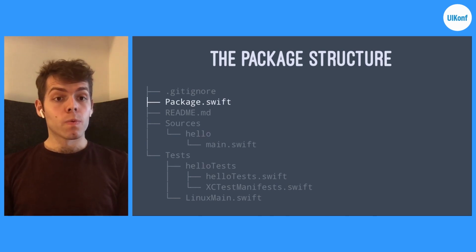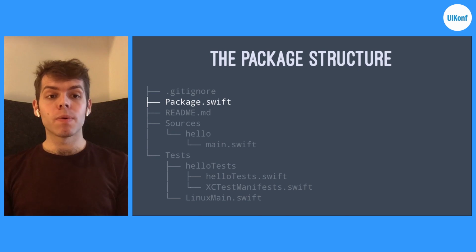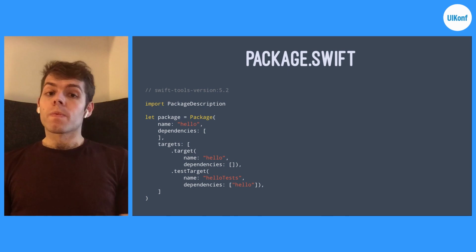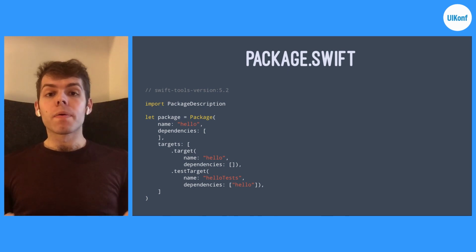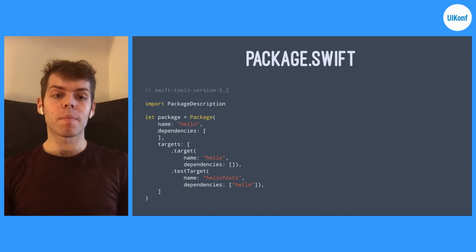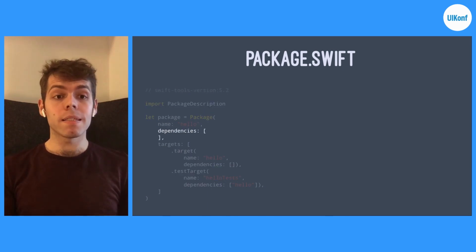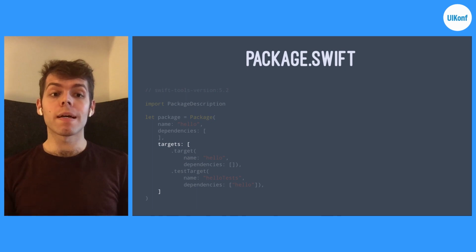After all the targets, we also have another file that is very important, which is the Package.swift file. This is the package manifest. So let's have a look at that next. This is basically the configuration of the whole package, and it is always the first thing that I look at when I look at a new package library on GitHub, for example. In here we find things like the package name, its dependencies, and also the declaration of all the targets.